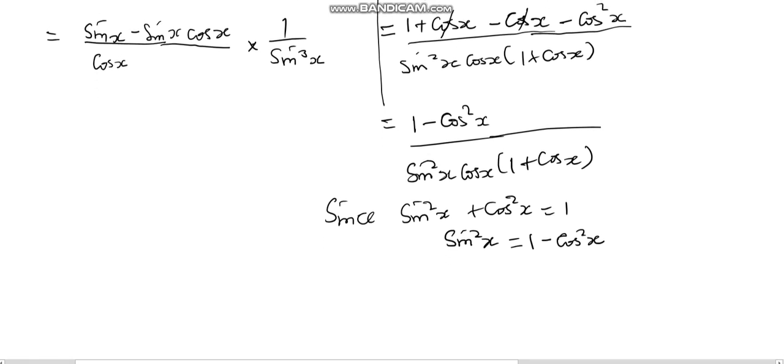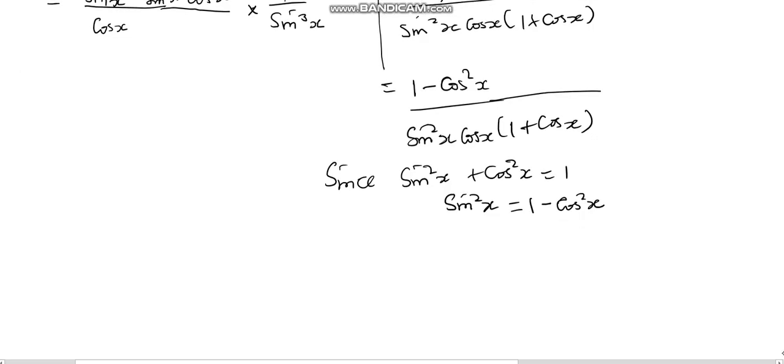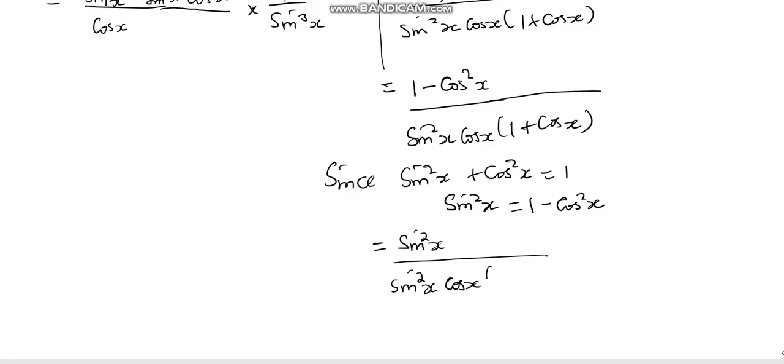So we're simply going to have sin squared x divided by sin squared x cos x (1 plus cos x).